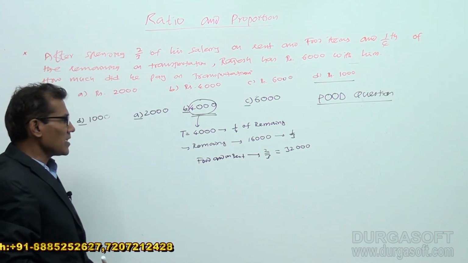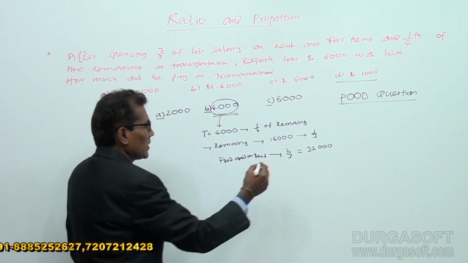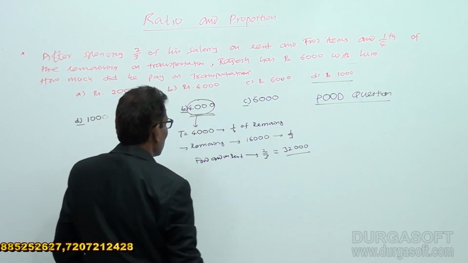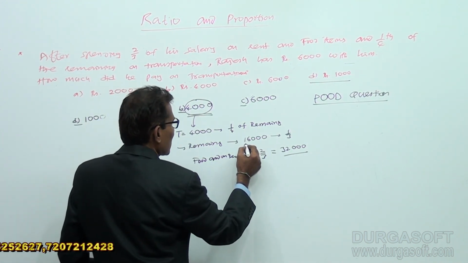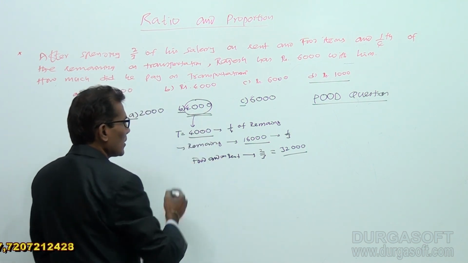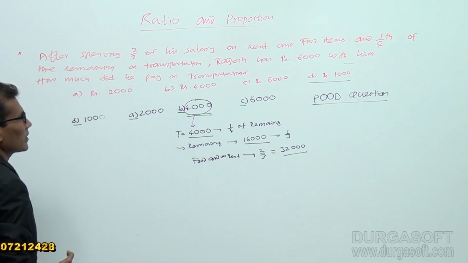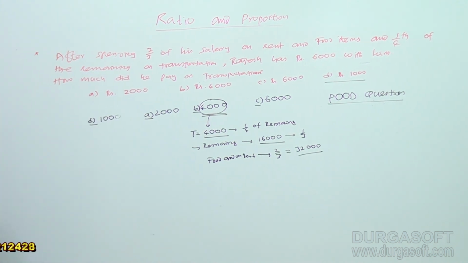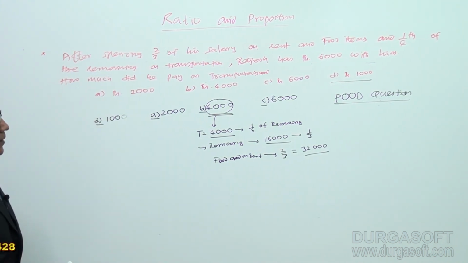So 32,000 is on the rent, and the remaining amount is 16,000. Here transportation is 4,000. Here what we actually need to find is whether he is still left with 6,000.